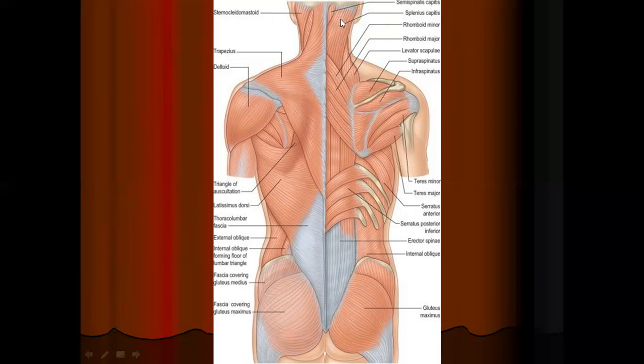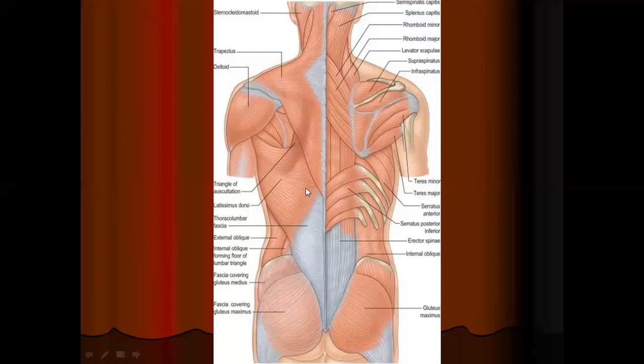Apart from this, when we were doing neck dissection, we have done suboccipital region also. We have seen splenius capitis and semispinalis cervicis muscles here. As you move down, of course, this is our latissimus dorsi.